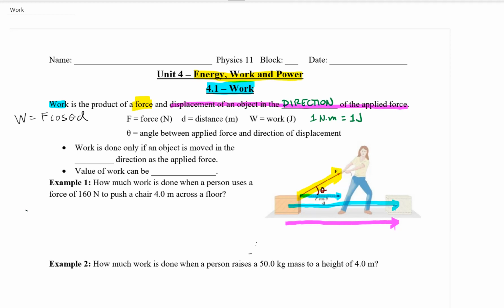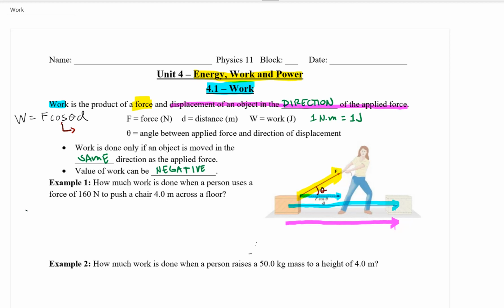So work is done only if an object is moved in the same direction as the applied force. However, the value of work can be negative. If you're wondering why it's negative, well, you're going to focus here.